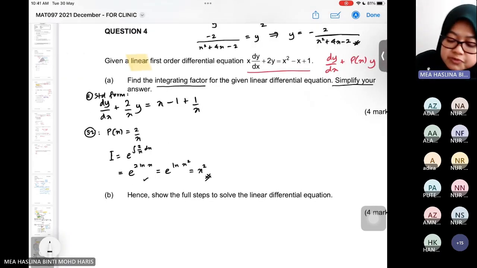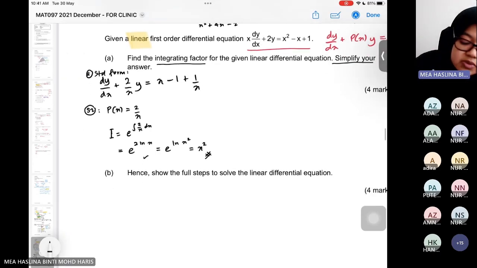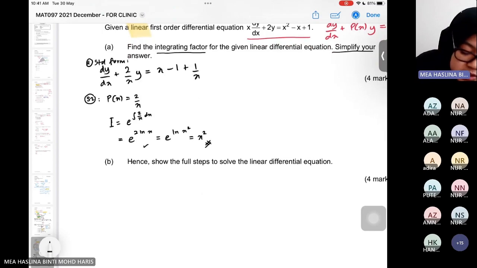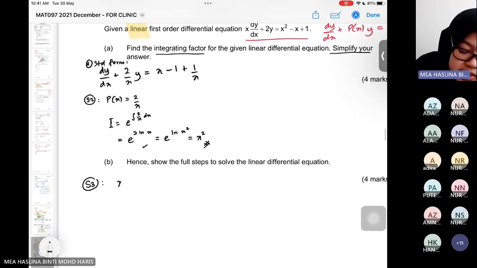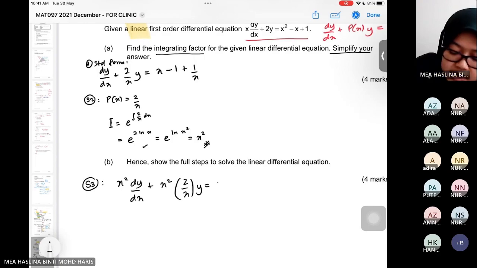Hence, show the full steps to solve the linear differential equation. So that will continue with step 3, where you have to multiply both sides of the standard form. So that will be x squared dy/dx plus x squared times 2 over x times y equals x squared times x minus 1 plus 1 over x.